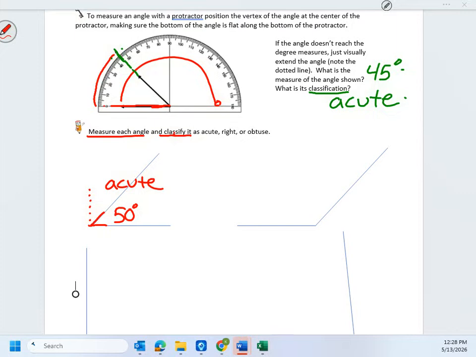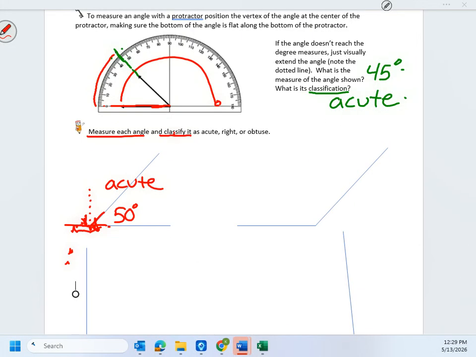So that's my checkpoint. If I had lined this up and I said, okay, there's my line, and that is 135 degrees. Oops, let me take this off the smart board. If I said it was 135 degrees because I used the outside numbers by mistake, but then I say, oh, look at how cute and little it is, it's acute.